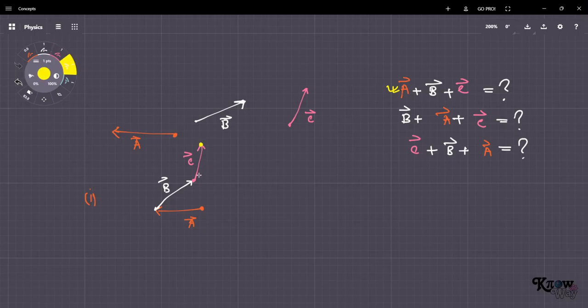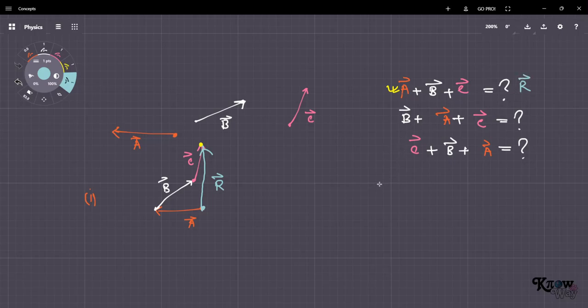Now we have the final point of the final vector and the initial point of the initial vector. And now we just add those things up. My drawing is really bad right here, but you get the theory, okay? That's a straight line. So that's the resultant. The resultant here is R.